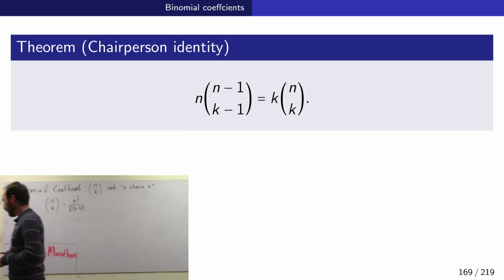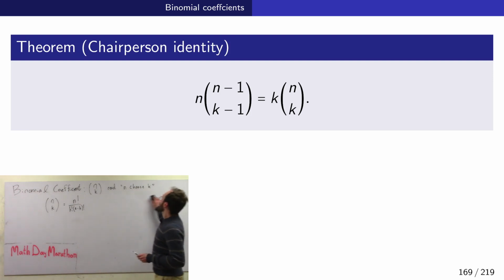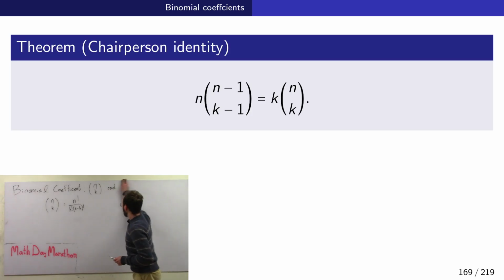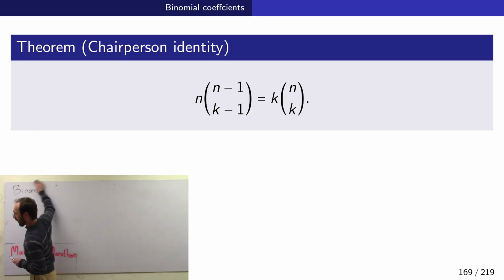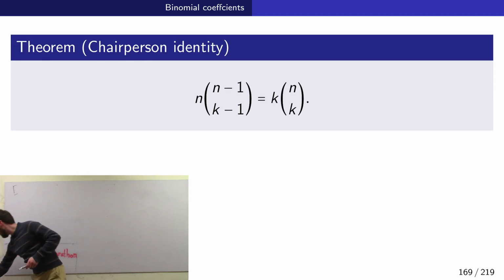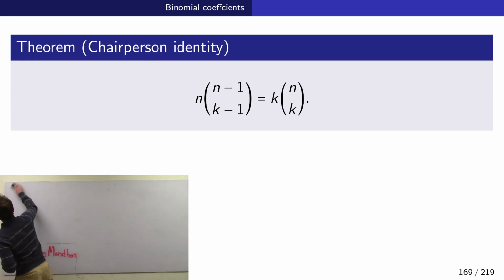Now we want to prove some things about the binomial coefficient. We have this thing called the chairperson identity. It says n times n minus 1 choose k minus 1 equals k times n choose k.